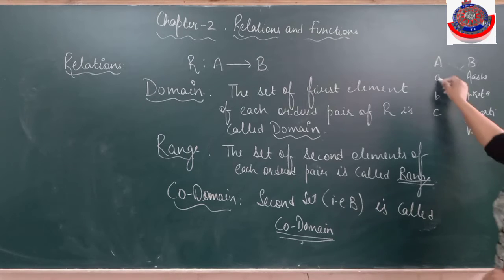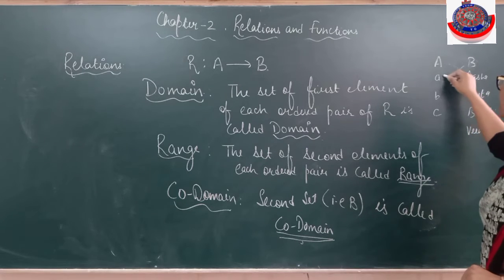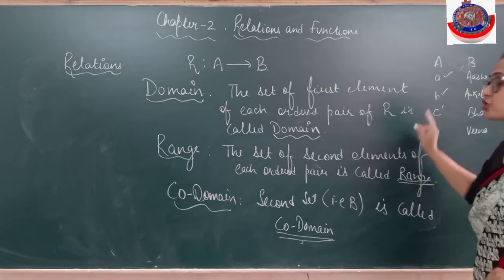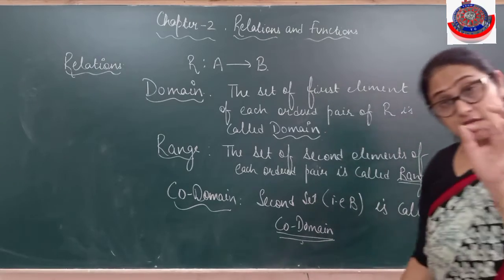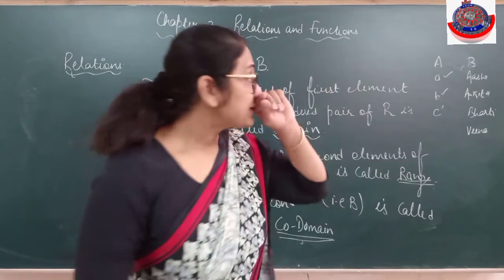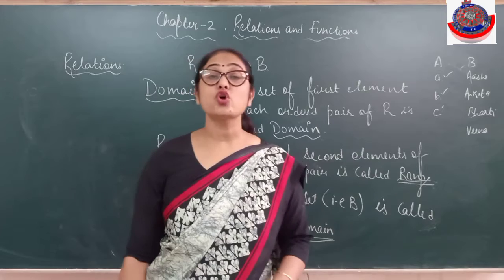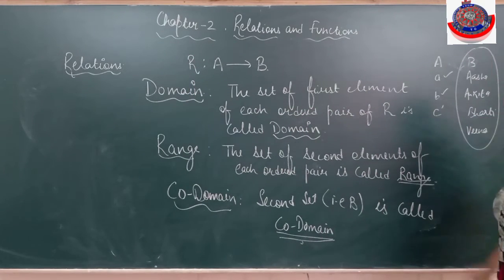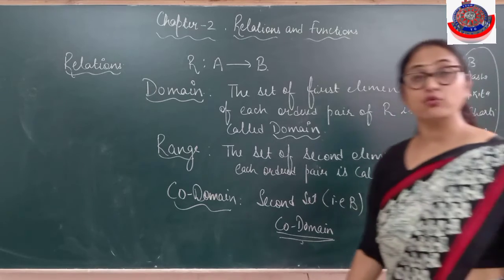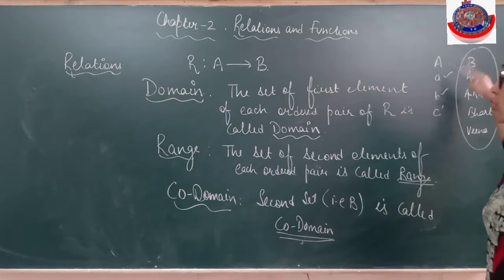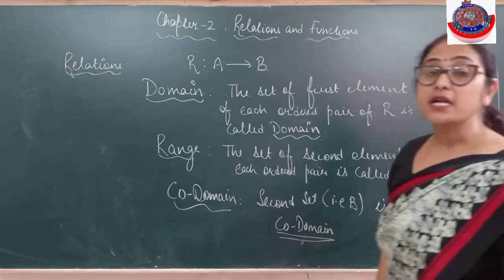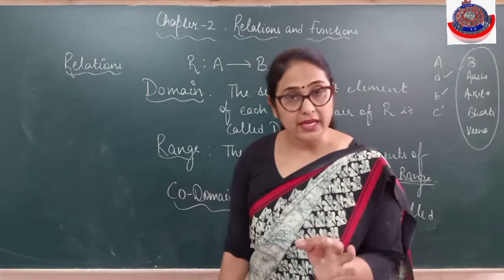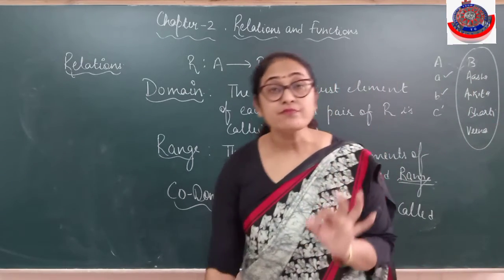Clear? So when I make ordered pairs in the relation, the first elements of each ordered pair is called domain. The second element which comes, that is called range. But पूरे के पूरे second set को codomain बोला जाता है. इसका मतलब जो range है वो codomain का part है. The complete second set is called codomain and the range comes from codomain.